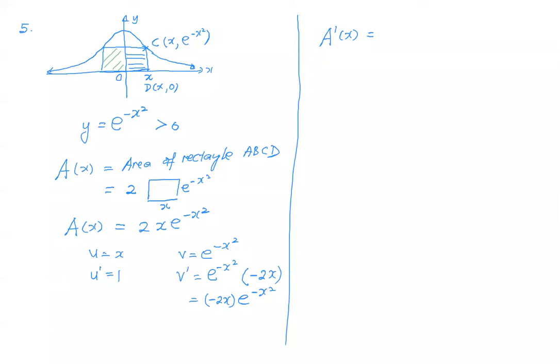The best is to factorize, please, class. Then equate equal to 0, then solve for x. v u prime plus u v prime.